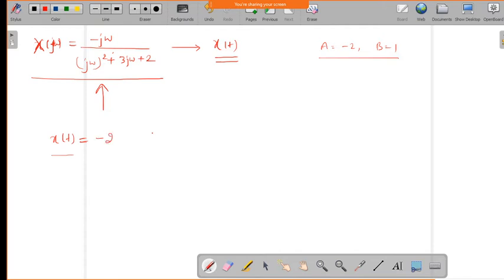It is minus 2 into e power minus 2t into u of t plus 1 into e power minus t into u of t. Is it not? Have you got this?